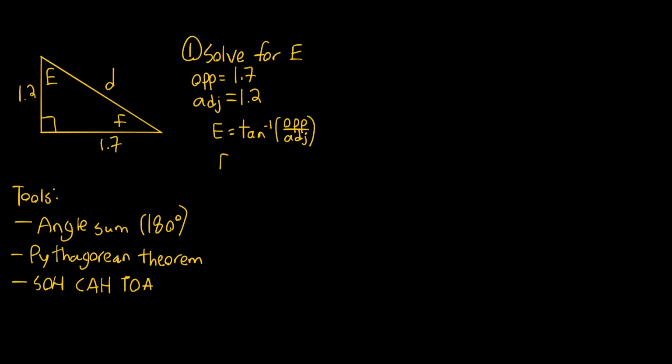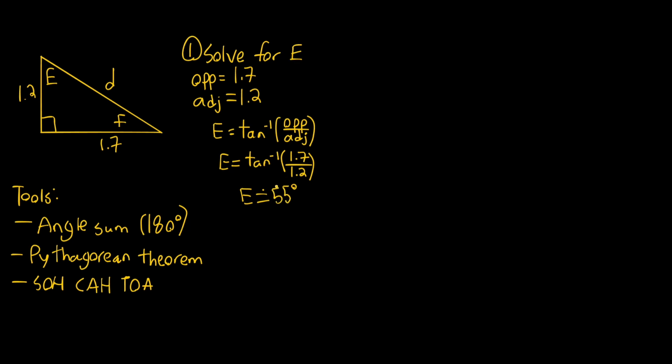Well, here, that's going to give me that E is equal to the inverse tangent of 1.7 divided by 1.2. Or, as an answer for the angle E, I get that about 55 degrees is E.